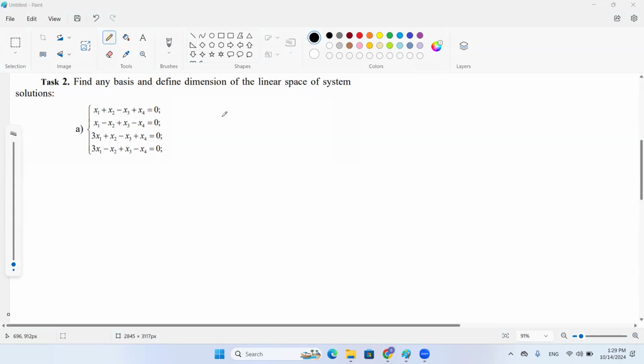And by the way, how can we define the dimension of the linear space in the current task? Four-dimensional matrix.